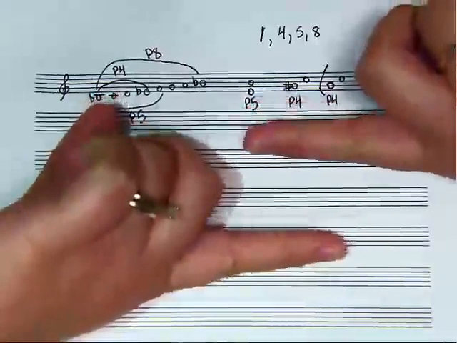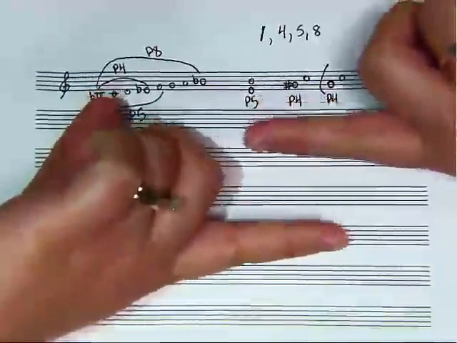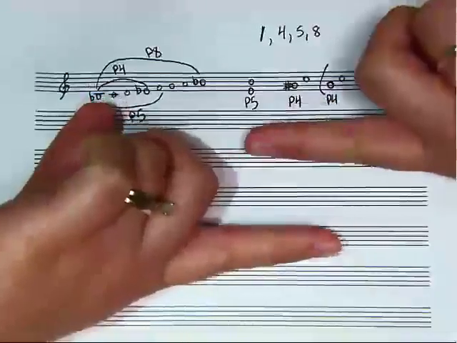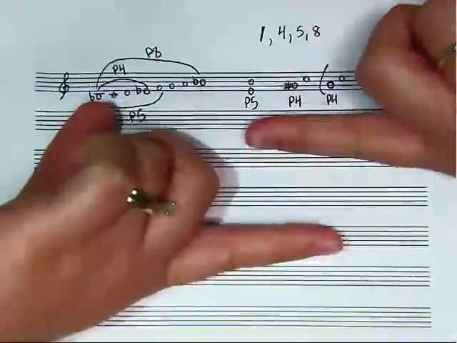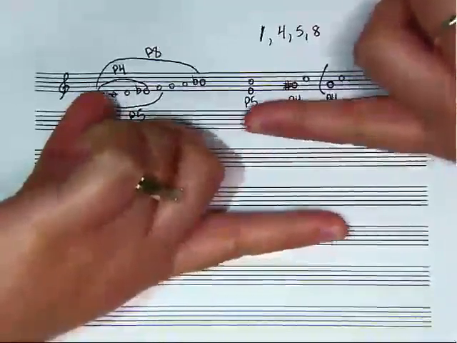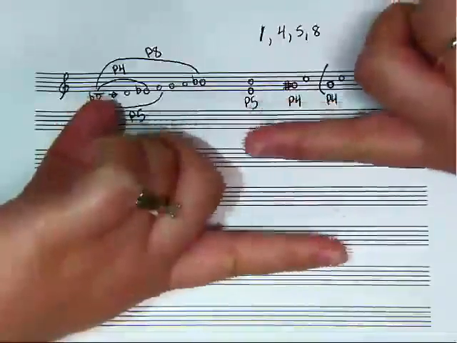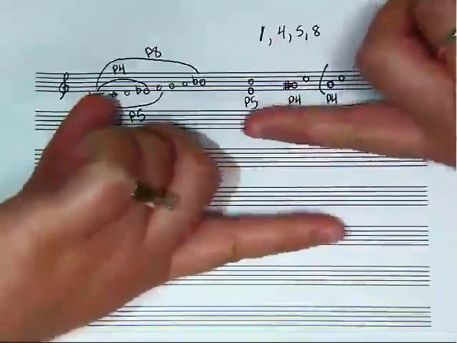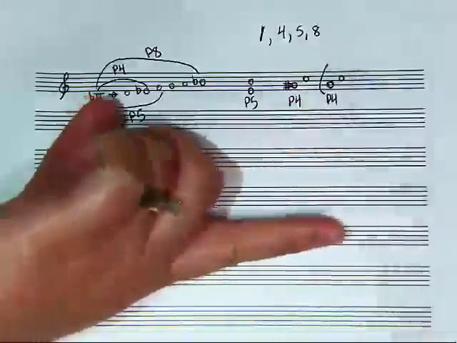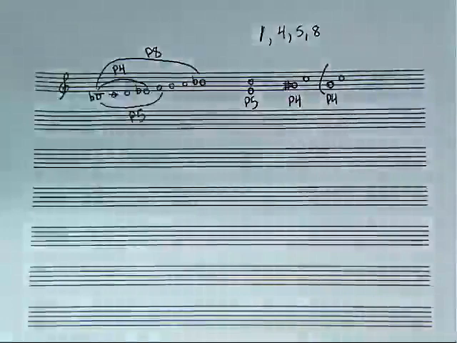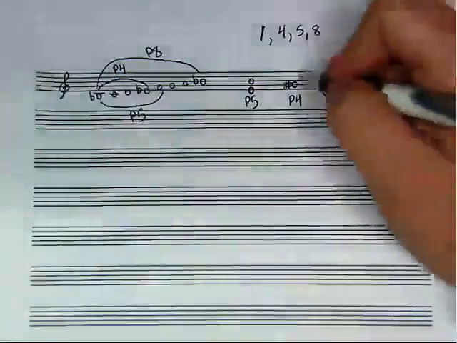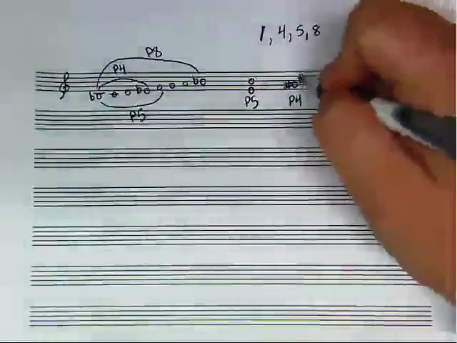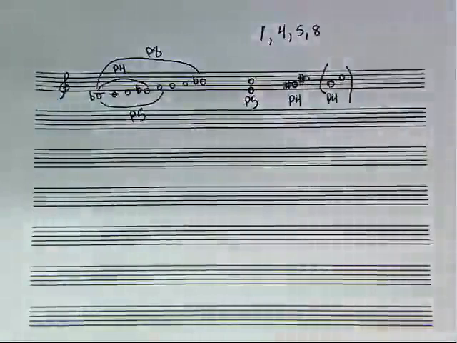Remember, it's the same interval, the same distance between the notes. So if G to C is a perfect fourth and I'm moving the bottom note up, it's going to force the top note also to move up a half step. Bottom note goes from G to G sharp, top note goes from C up a half step to C sharp. And that right there is a perfect fourth.